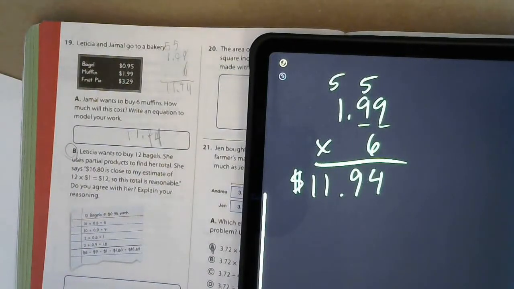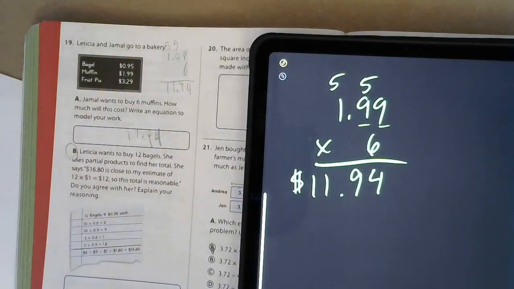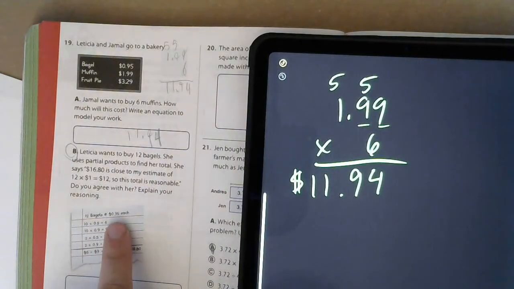Letitia wants to buy 12 bagels, and she uses partial products to find her total. So we really got to pay attention to this paper here. She says $16.80 is close to my estimate of 12 times 1 equals 12. So this is totally reasonable. And do you agree? Look, she says 12 bagels at 95 cents each.